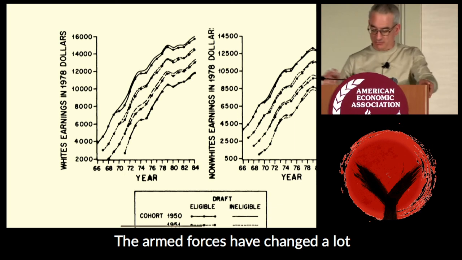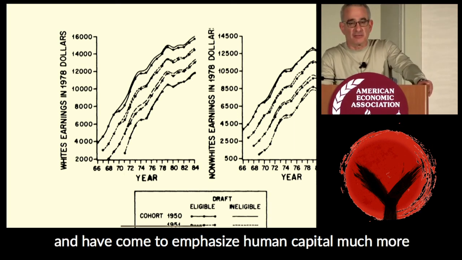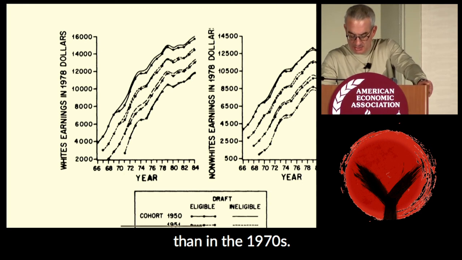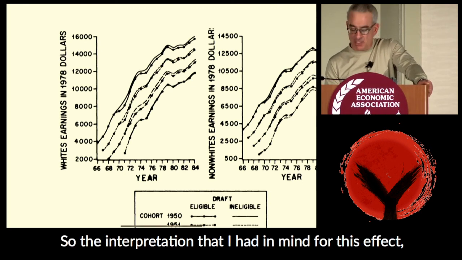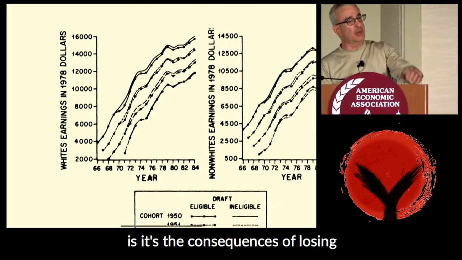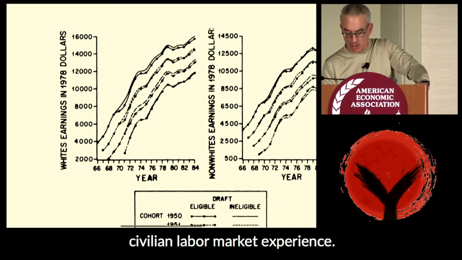The armed forces have changed a lot and have come to emphasize human capital much more than in the 1970s. So the interpretation that I had in mind for this effect is it's the consequences of losing civilian labor market experience.